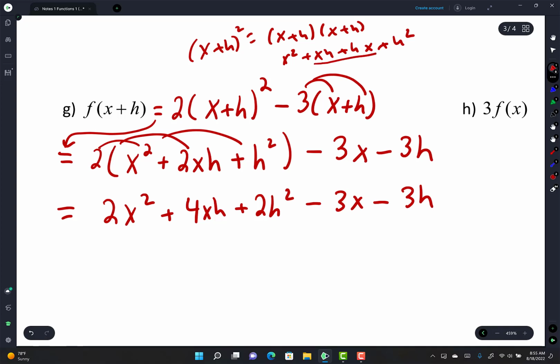It doesn't matter. xh and hx are the same because it's a product. A times b is the same as b times a. So these are considered like terms, so you just add them. xh plus xh, 2xh.